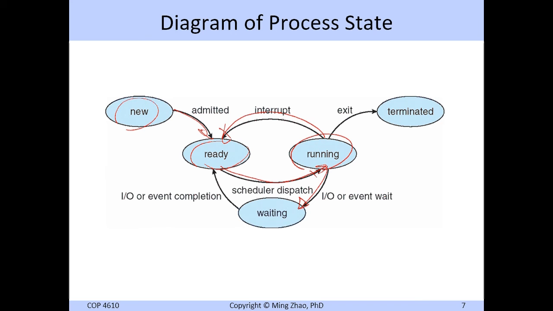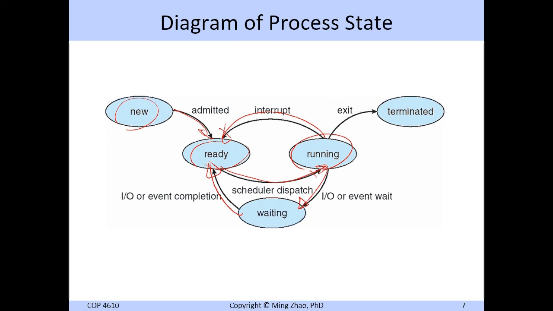When the event or the I/O that the process is waiting on is completed, the process can be moved back from the waiting queue to the ready queue. Notice that the process is not immediately moved to the running state yet, because we don't know whether it is this process's turn to run next. So we first put the process back to the ready queue so that it can be scheduled by the CPU scheduler later on.